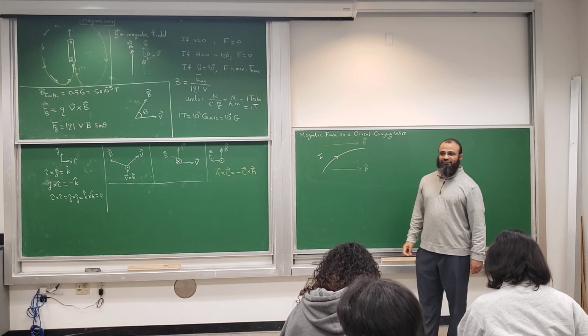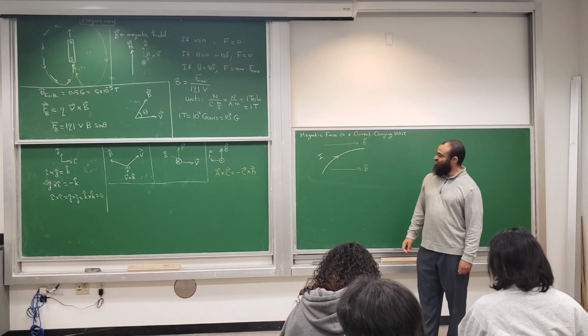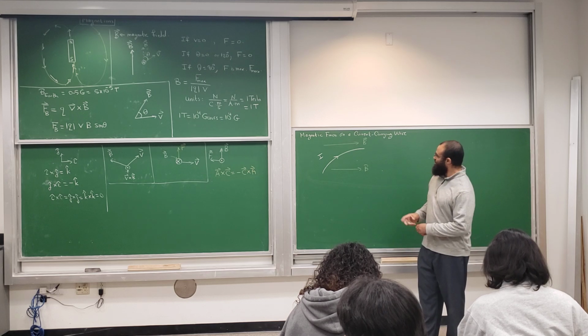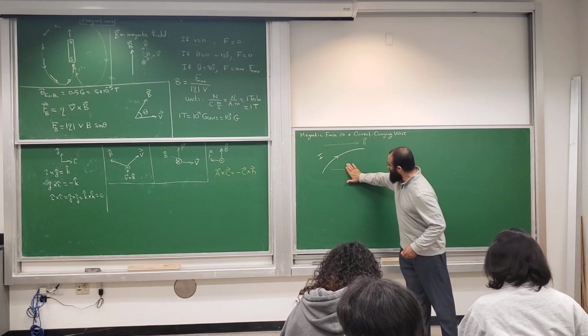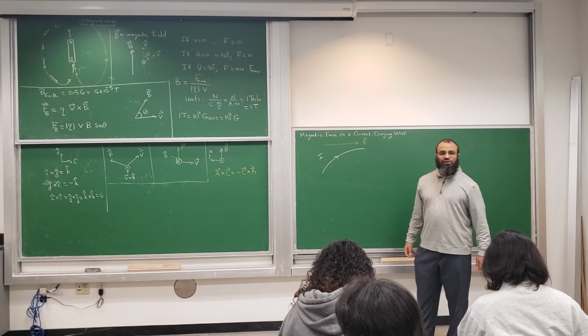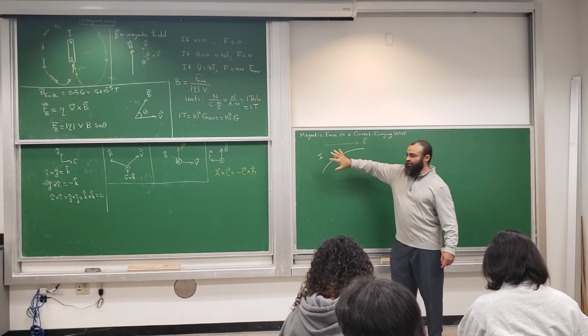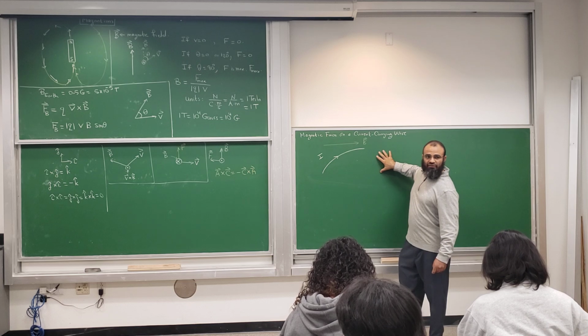And the question is, what's the magnetic force on this current carrying wire? The magnetic field is to the right, so I will just draw it once. When I draw one arrow, it just means there is magnetic field everywhere and it's to the right.